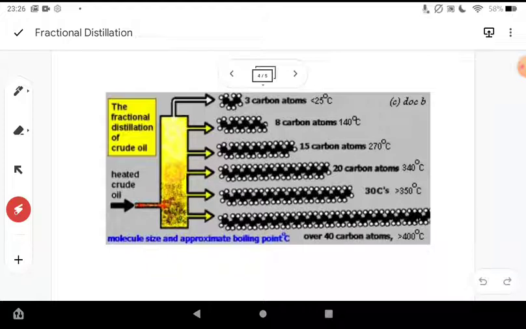But the thing we're separating them out for is the size of the molecule, because the smaller the molecule, the less viscous it is. So that kind of means the more liquidy it is, the more fluid it is. So it gets less viscous as you go up, but also it becomes easier to ignite.